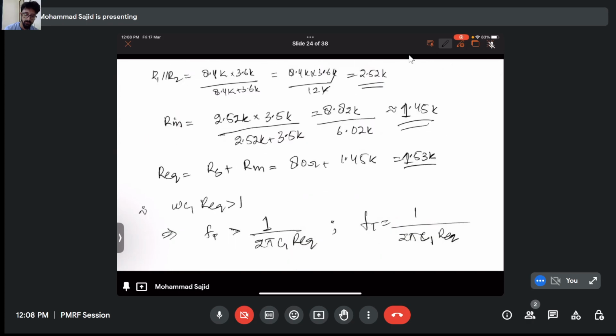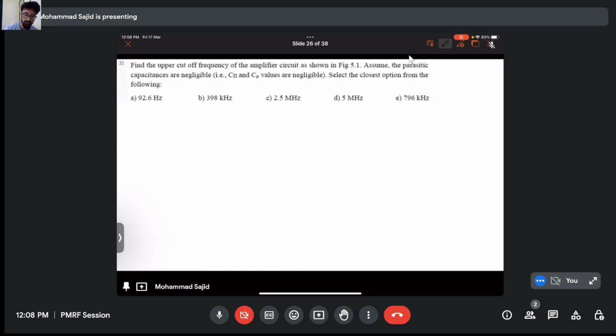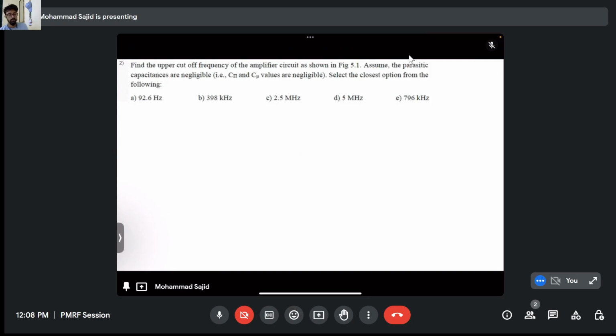Let's move on to the next question. Now we have to find the upper cutoff frequency. Again, these are given as negligible, so we will focus first on the output part to find the upper cutoff frequency.